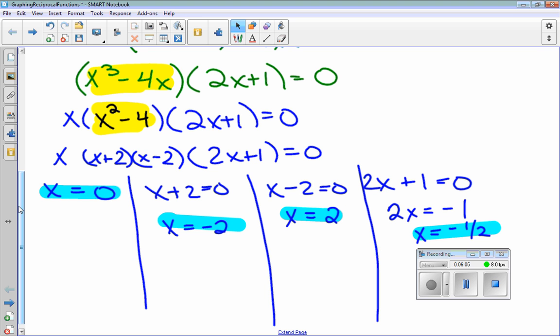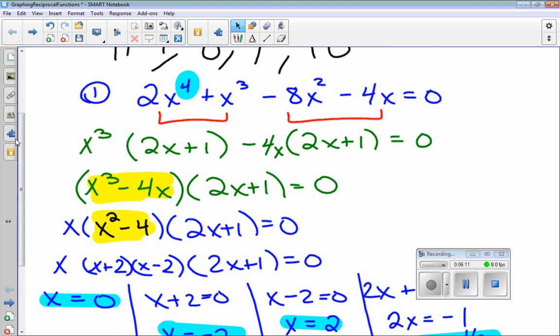If it's multiple choice, couldn't I just plug in the answers and see which one worked? I could plug in a 0 for all of my x's, and I would get 0 out. I could plug in a negative 2 for x and get 0 out. I'll show you.